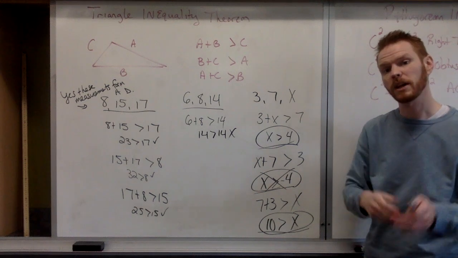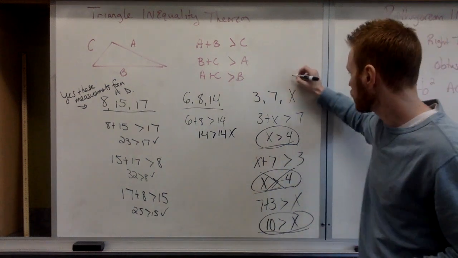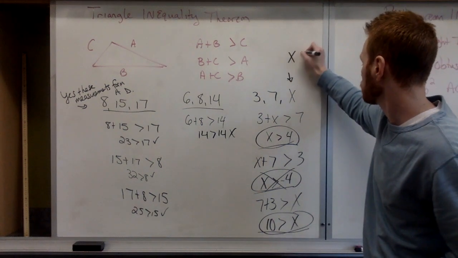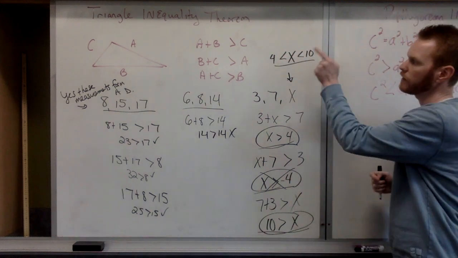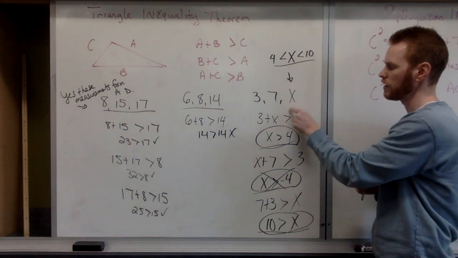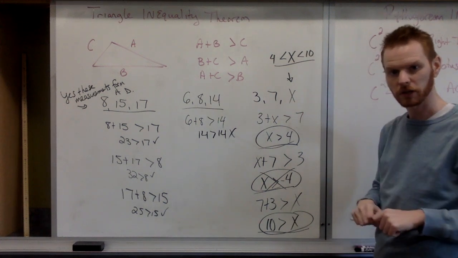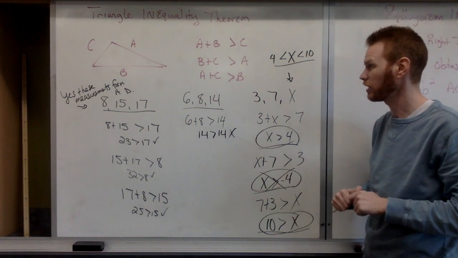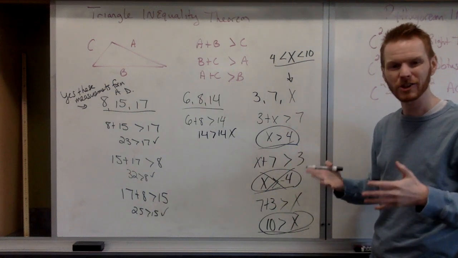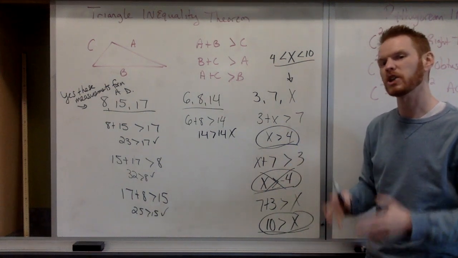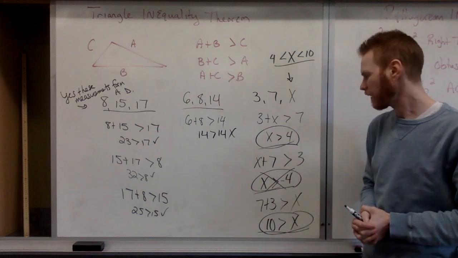That is giving me a range of values. So this remaining side is between 4 and 10. If I put 5, 6, 7, 8, 9, those numbers will satisfy the triangle inequality theorem. Kind of cool, isn't it? Even with two measurements, I can still figure out what third measurement I need to make this triangle.